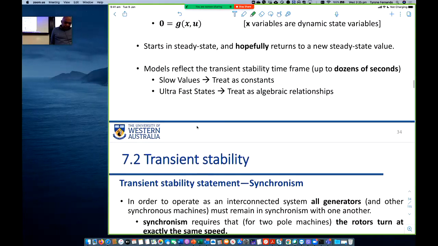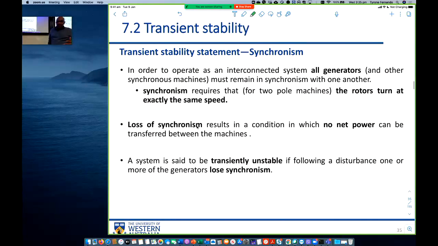Now, after a contingency, the operating point will reach a stable operating point, provided that the system is stable, right? In order to operate as an interconnected system, and for it to be stable, all generators and the synchronous machines must remain in synchronism with one another. They must be synchronized.